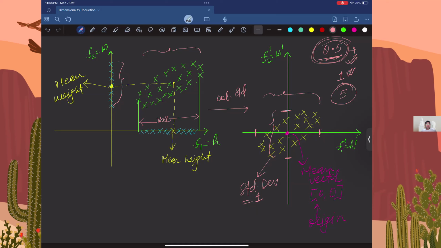Fine. I repeat this just for clarity. Let me write down the important points about column standardization. First, I'm moving the mean vector to the origin. And the second thing is squeezing or expanding.